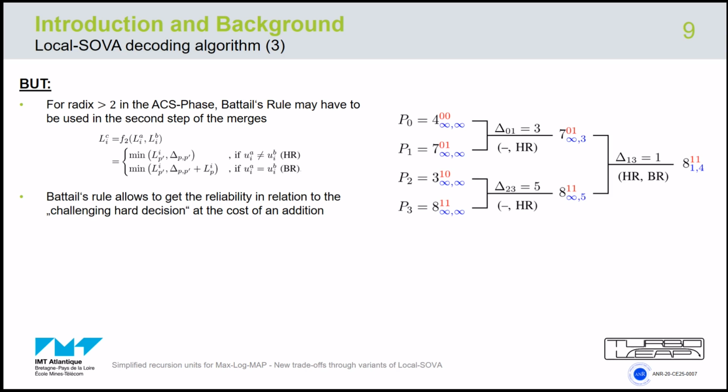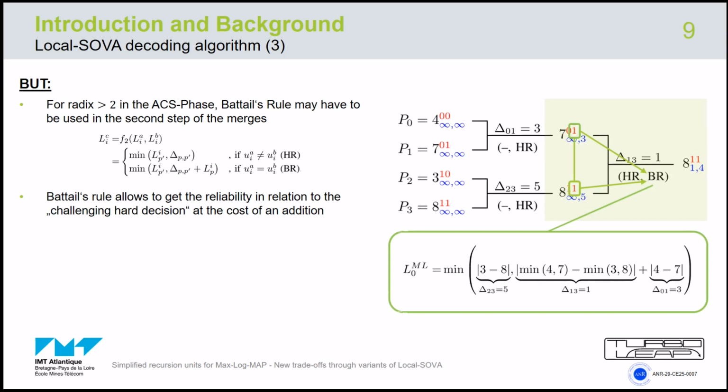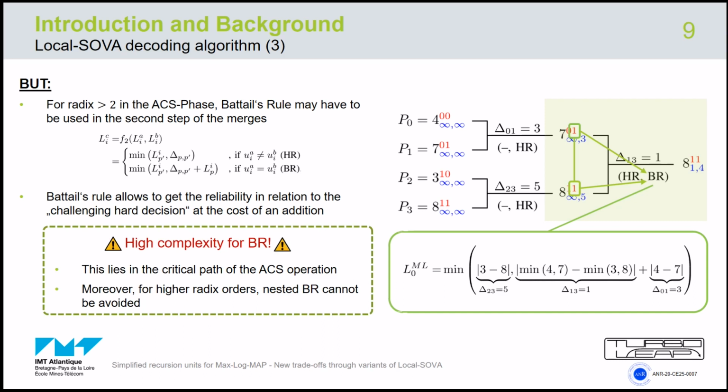In the second step, on the other hand, Bataille's rule cannot be avoided and needs to be employed for the reliability update of the first hard decision. While the Bataille's rule allows to get an accurate reliability value equivalent to the MaxLogMap, the necessary addition lies in the critical path of the ACS operation, which makes it even worse for nested Bataille's rules for higher radix orders.